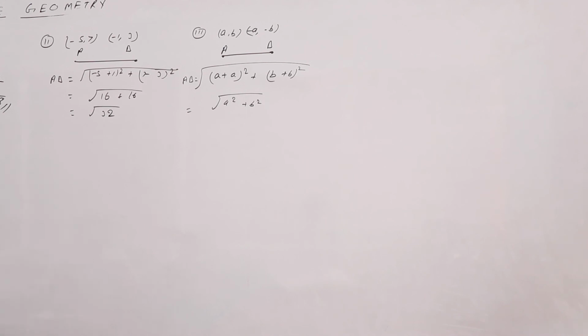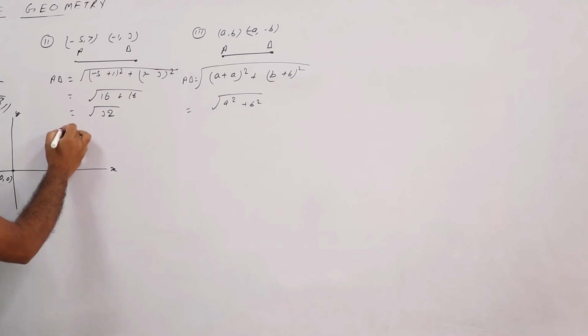Question number 2. What is it saying? Find the distance between the point (0, 0). Do you know where (0, 0) will come? This is the x-axis, this is the y-axis, and this point is (0, 0). This is called the origin. So it says to find the distance between the point (0, 0) and somewhere (36, 15).